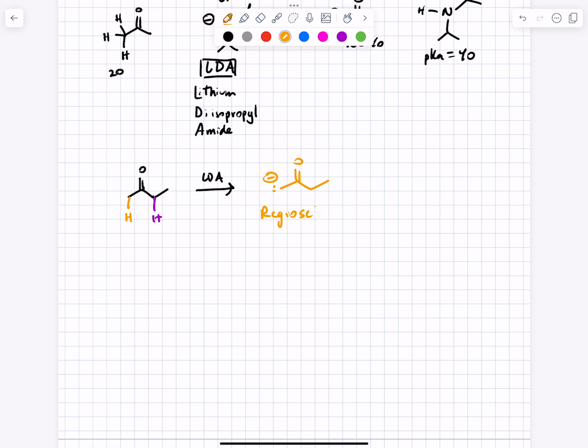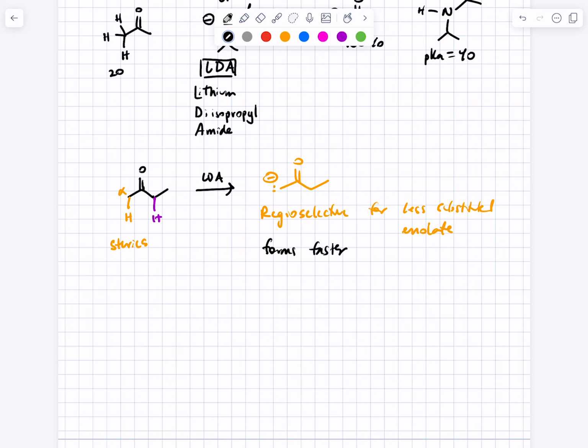So LDA is regioselective for the less substituted enolate. And the reason for that is sterics. The less substituted enolate is less sterically hindered, and therefore it forms faster.